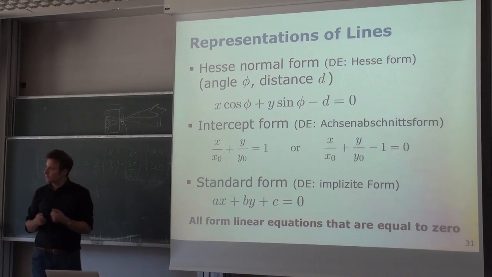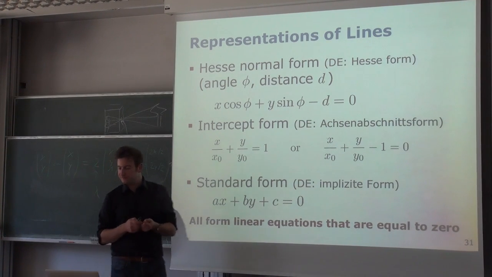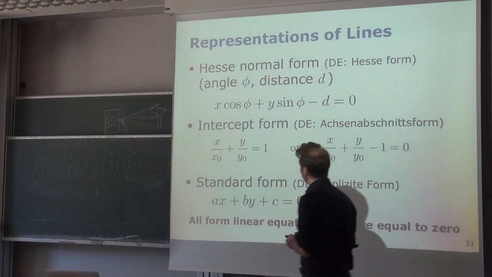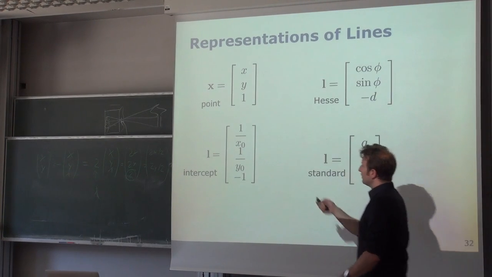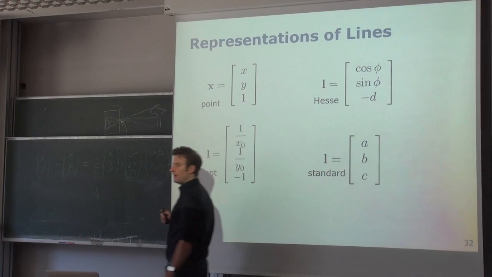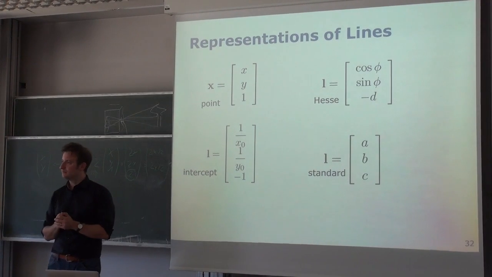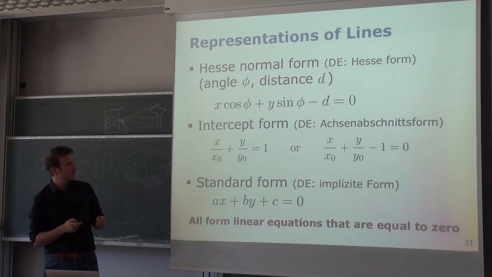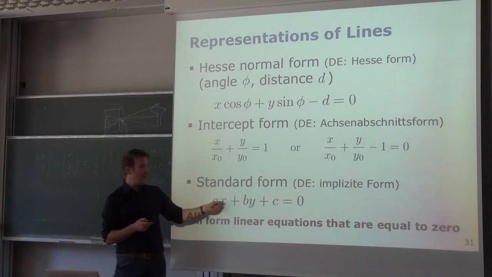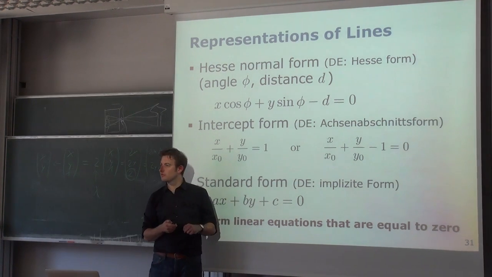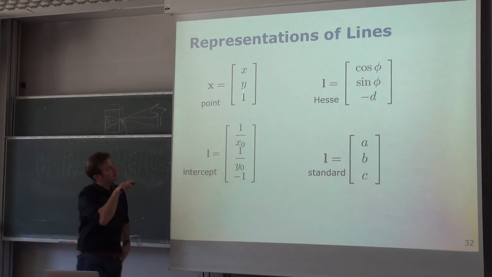Okay, now let's see how we can exploit that in order to represent lines in homogeneous coordinates. So this was a point in homogeneous coordinates: x, y, and 1. If you go back, you can see that we have an x, a y, and a constant component. That's our point here.